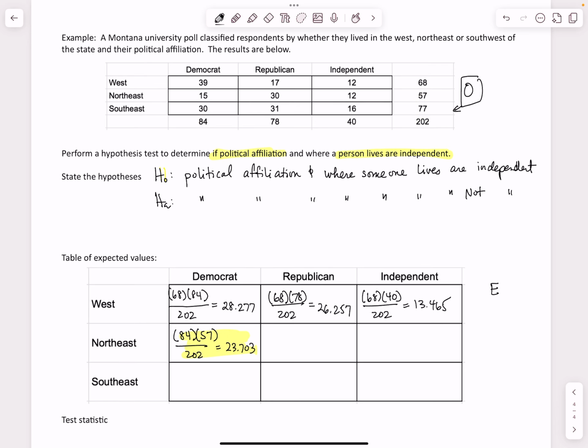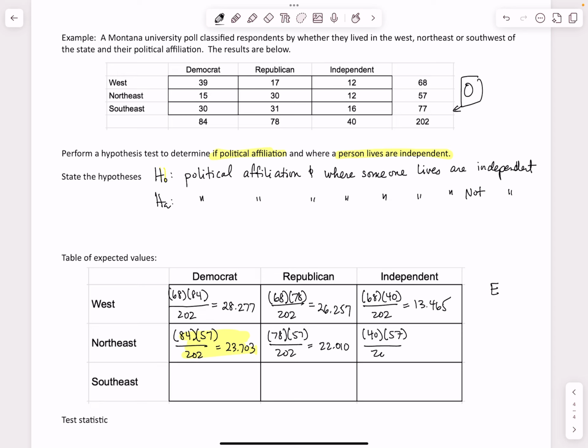So for this next entry, I have 78 is the column. The row is 57. The grand total is 202. This gives me 22.010. The next one, I have the column is 40. The row is 57.